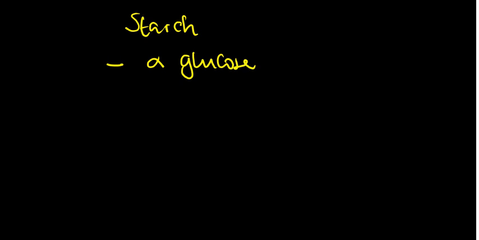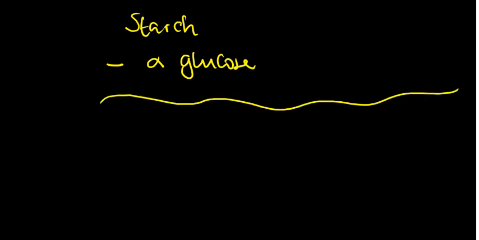So if it's a polysaccharide, it means it's a long chain of glucose units. These are glucose units that are being used to make this polymer, right? They are formed through these glycosidic bonds that we're talking about. It is insoluble in cold water.